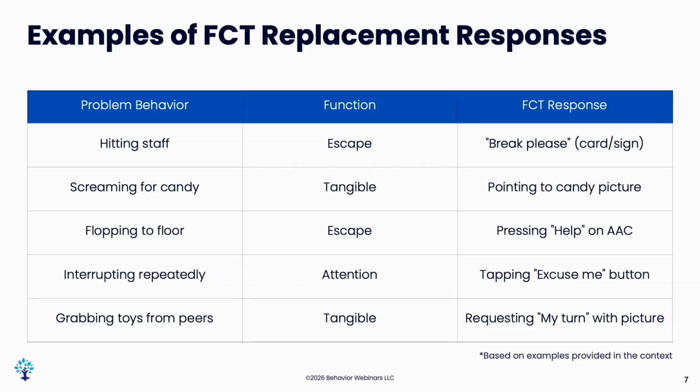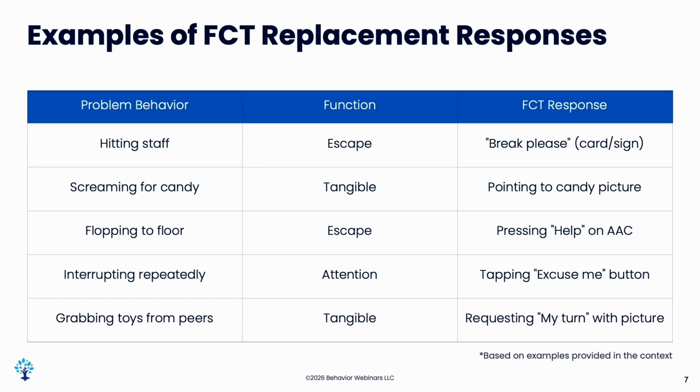They're screaming for candy, so that's access to a tangible. And so pointing to a candy picture would be an FCT response. They're flopping to the floor to escape hard worksheets, a reading assignment, just something. Pressing help on their assisted communication device would be an alternative response. It could also be break.